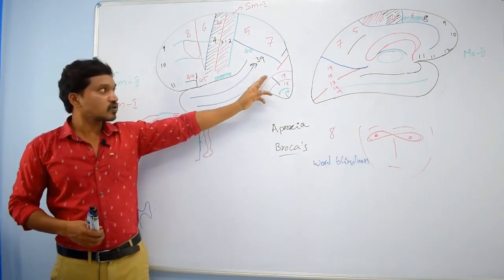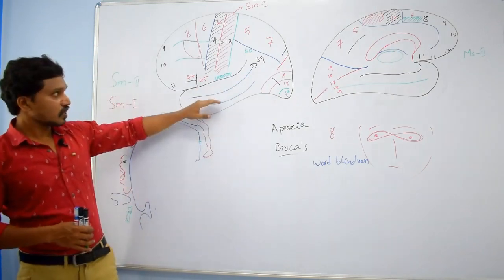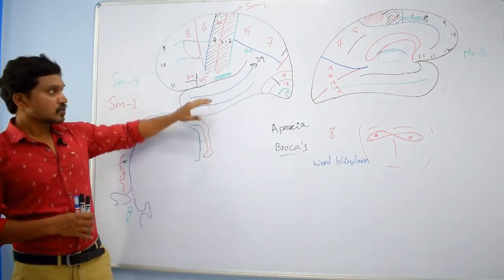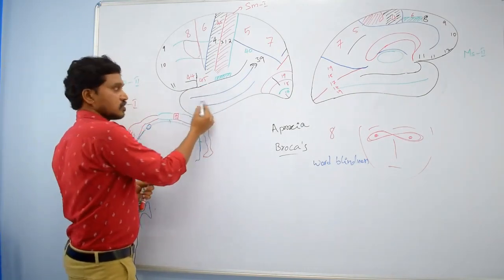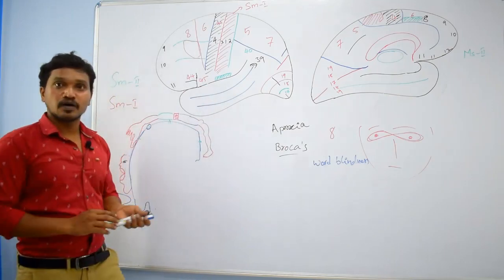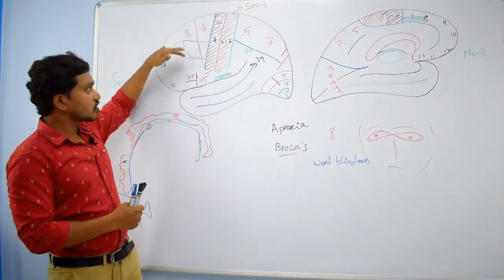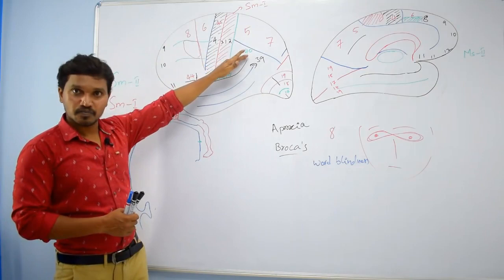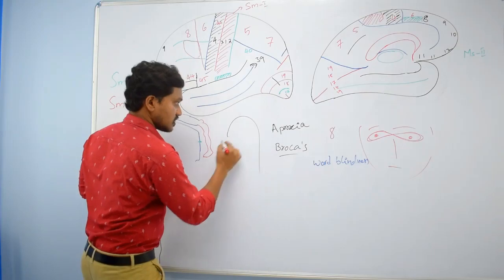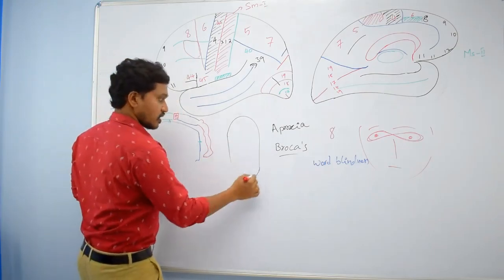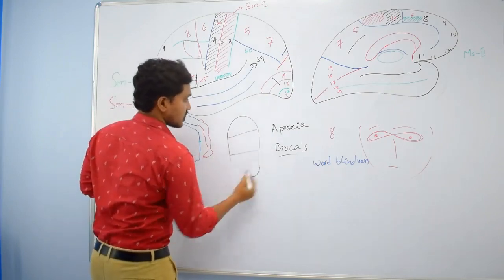So that is about visual areas. Clear? Then coming to the temporal lobe. In the temporal lobe, we have the superior temporal gyrus, middle temporal gyrus, and inferior temporal gyrus. When I was explaining sulci and gyri, I told you that when you remove the frontal lobe and parietal lobe, in the upper part you can see a structure like this, and in the anterior part you can see the anterior transverse gyrus and posterior transverse gyrus.